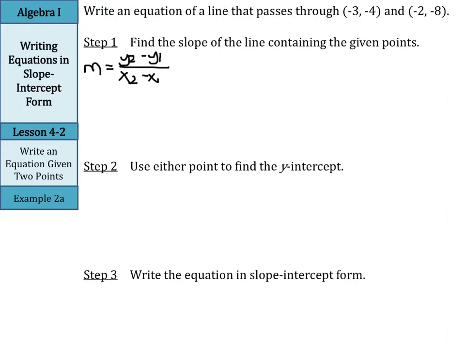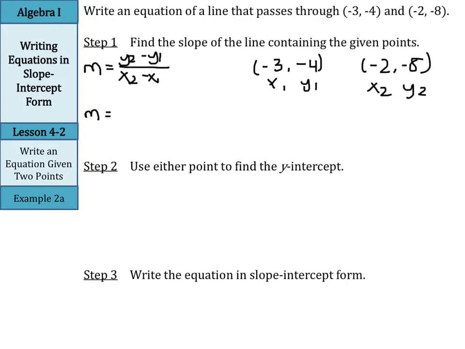And now we have the points (-3, -4) and (-2, -8). You can go ahead and rename these x1, y1, and x2, y2, so you can substitute into your slope formula and hopefully not make a mistake when doing so.